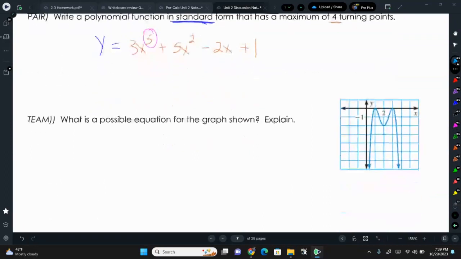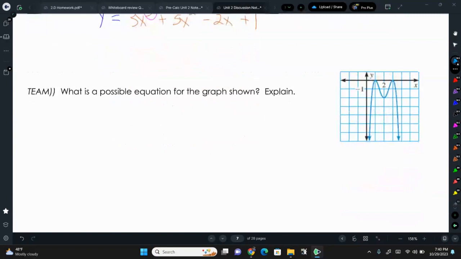And then this last one, write a possible equation for the graph shown and explain. So I'm going to start with both sides going down, so negative, and then our zeros are at 1, 0, so x minus 1 will be a factor, and x minus 3 will be a factor.